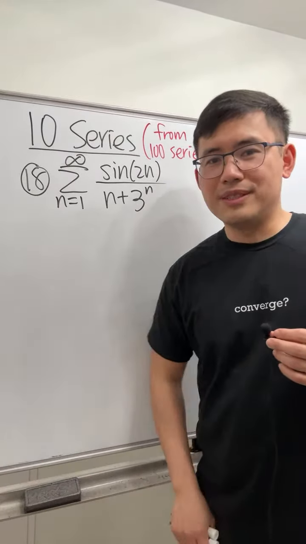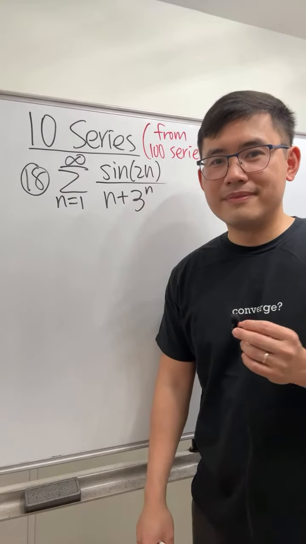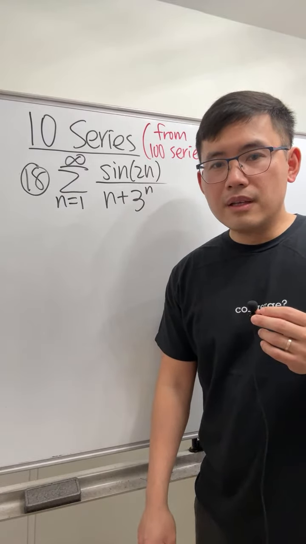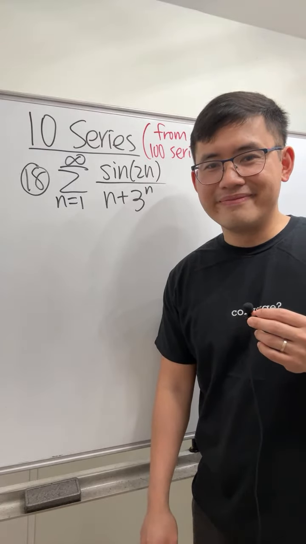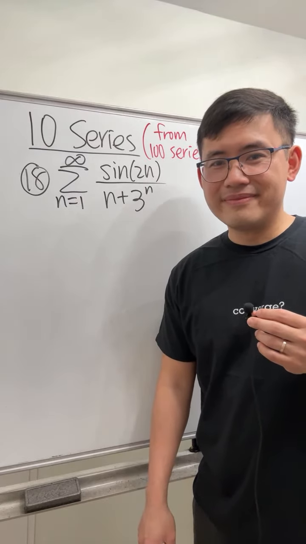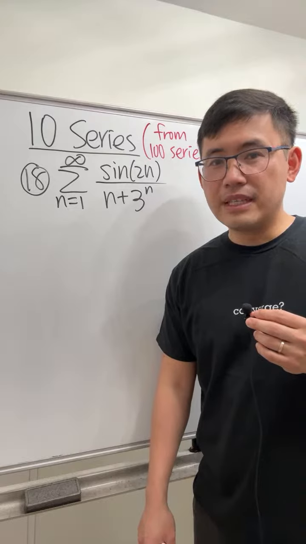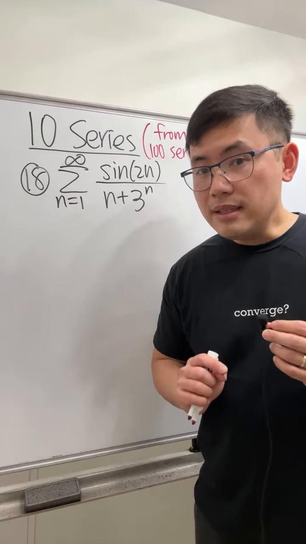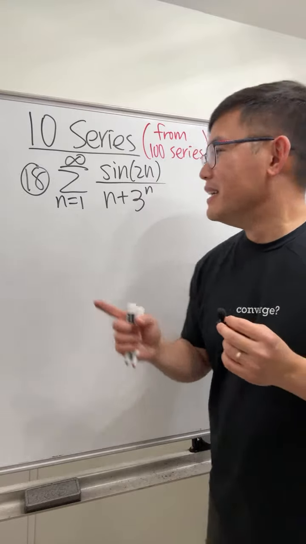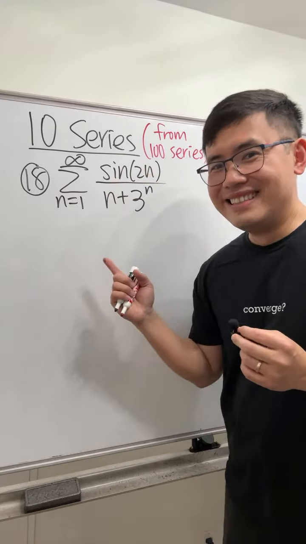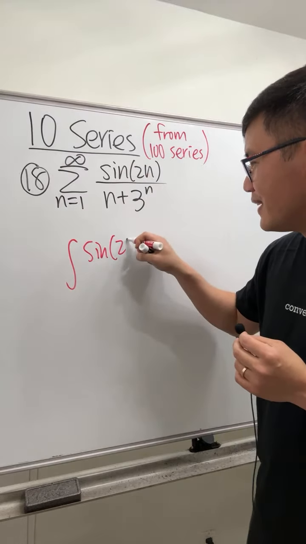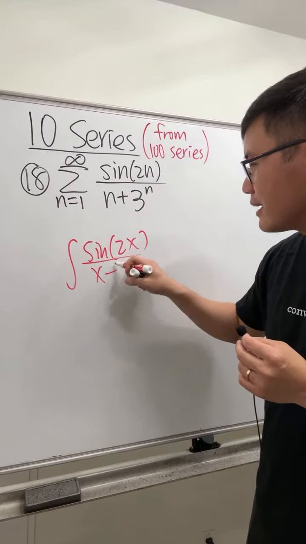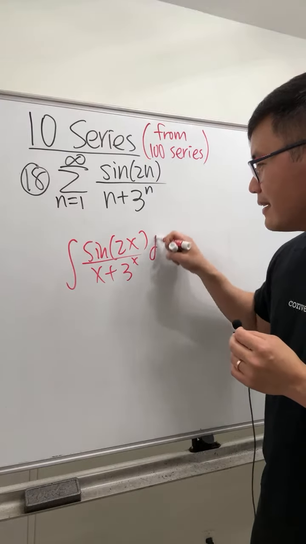So what do we do for this one? Can we use the limit comparison test, and how would you do so? Remember, if you want to use the integral test, one of the criteria is, can you integrate the function? Like, can we integrate sine of 2x over x plus 3 to the x?